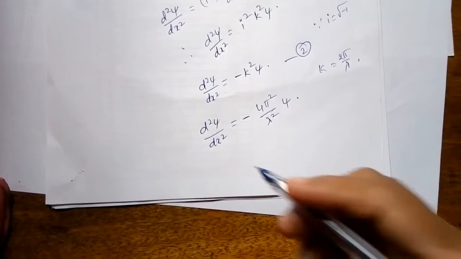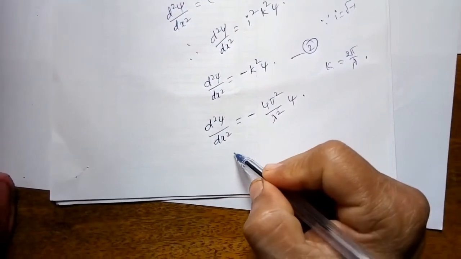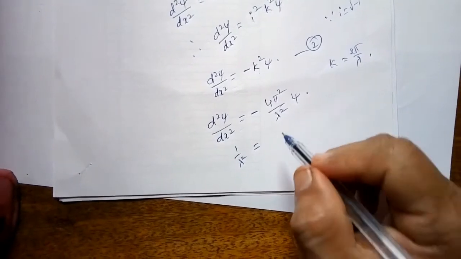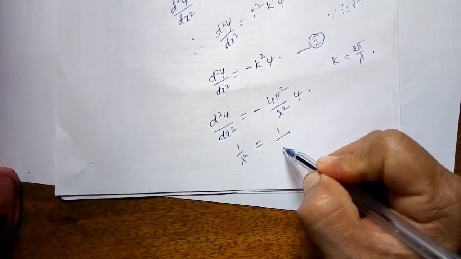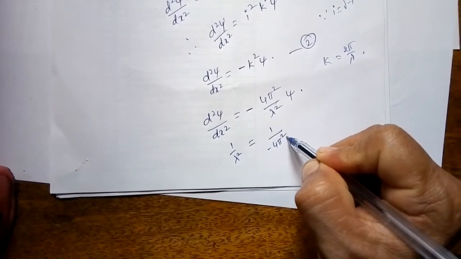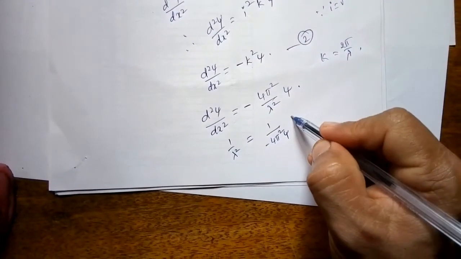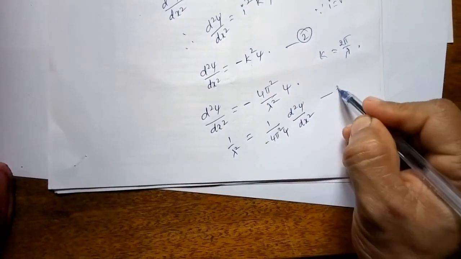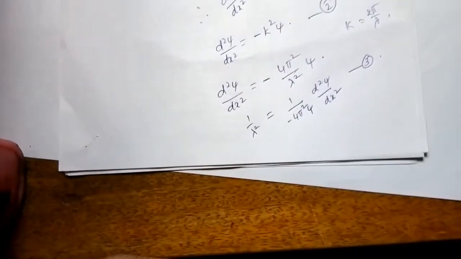Let me rewrite: 1 by lambda square is equal to minus 1 by 4 pi square psi, times d square psi by dx square. Call this expression 3.